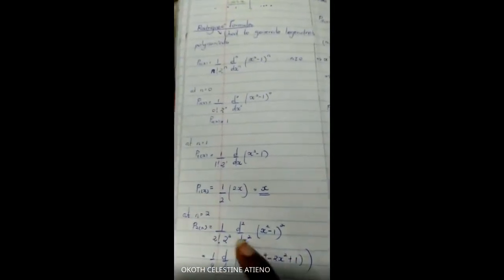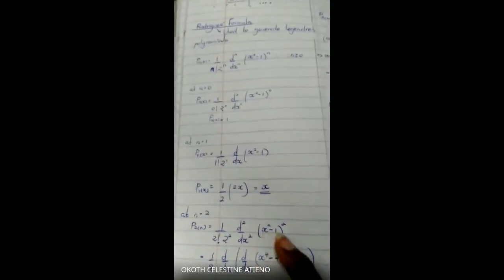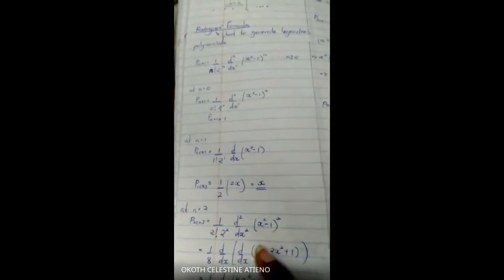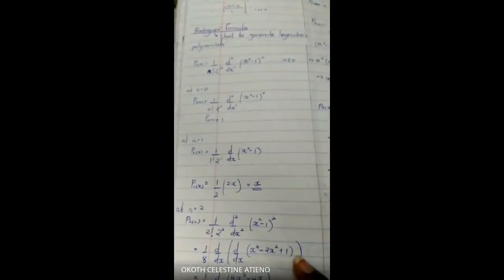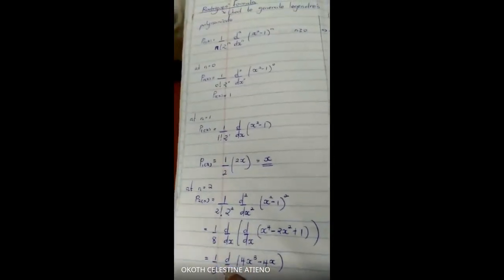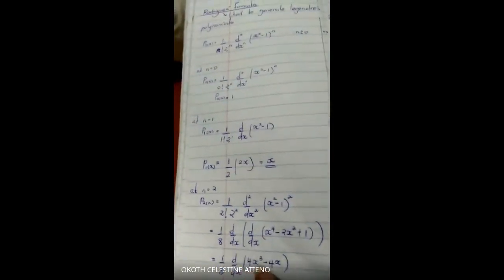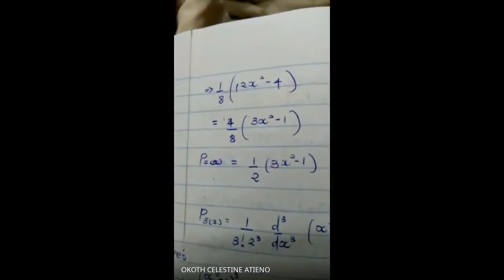Because this is doing the derivative twice, first you'll expand this expression. You'll have x raised to power 4 minus 2x squared plus 1. And then you do the first derivative to get 4x cubed minus 4x. And then you do the second derivative. So you have 4 times 3 is 12x squared minus 4. So that is where I ended up with this.